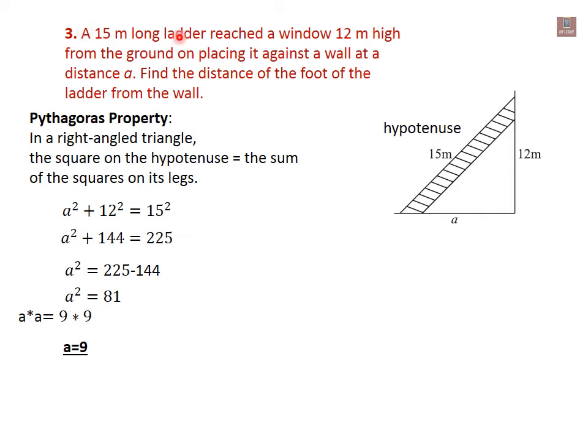A 15-meter long ladder. So, length of the ladder is given, 15 meter. Reached a window 12 meter high from the ground. So, this is the window here, 12 meter high from the ground. This is the ground here.